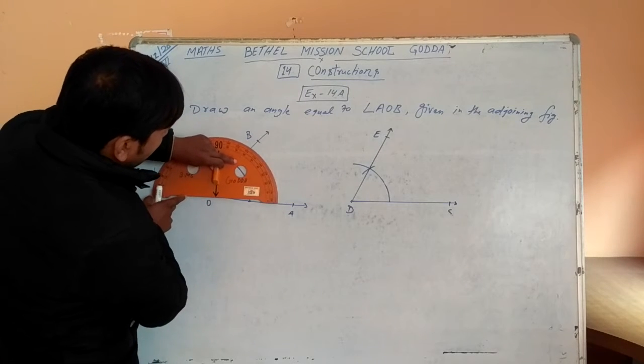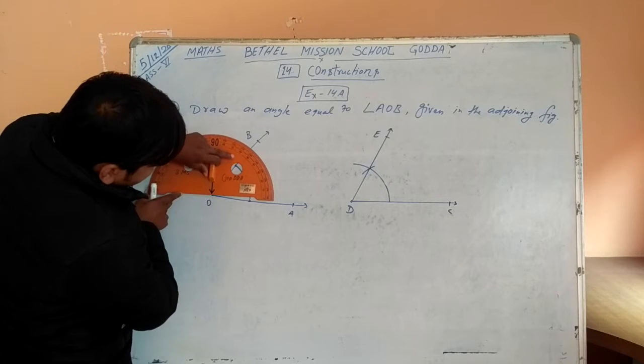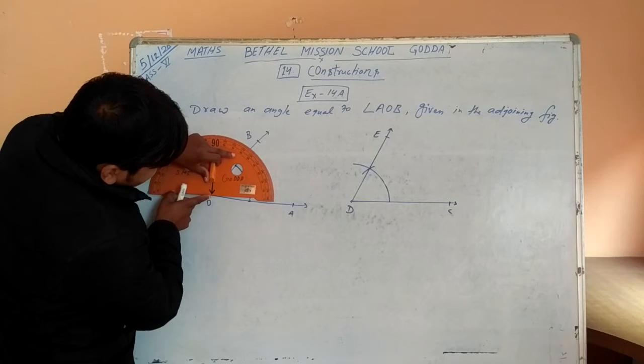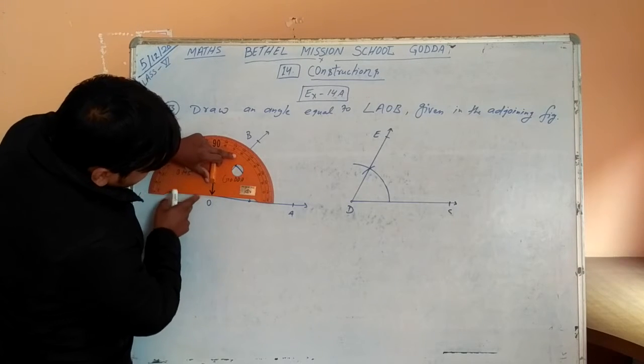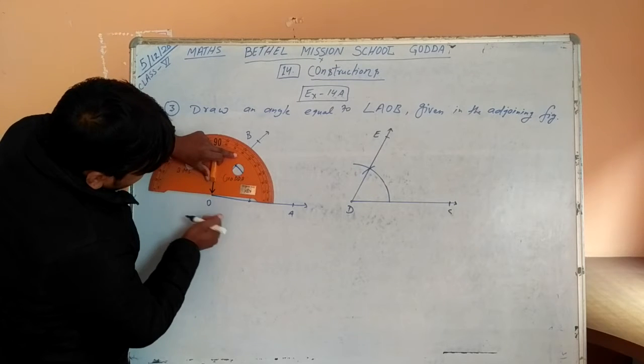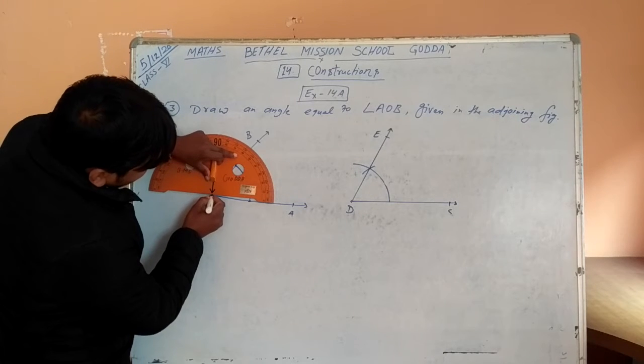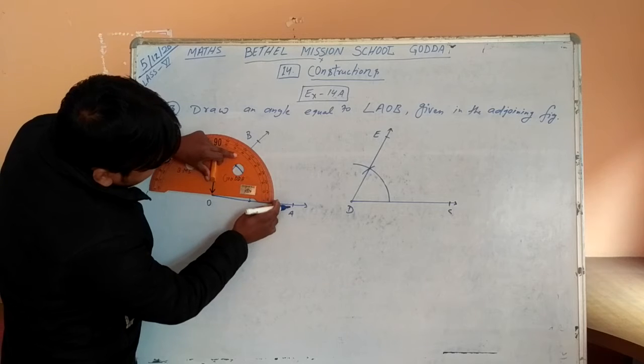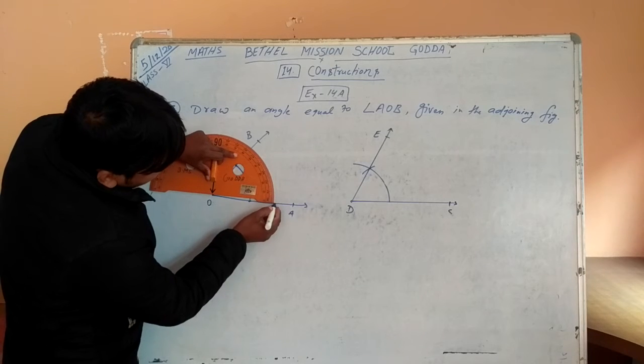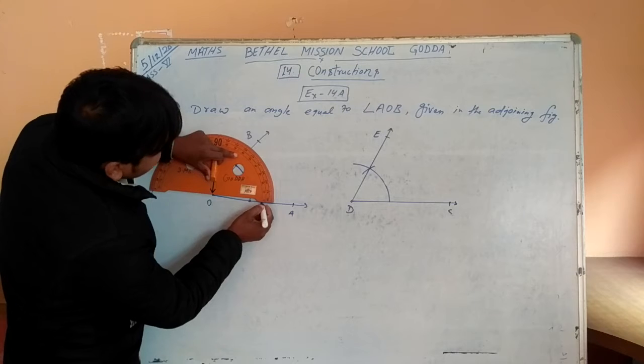Now measure how. This point should be at O, and this line should be on this line. Okay, we can draw.